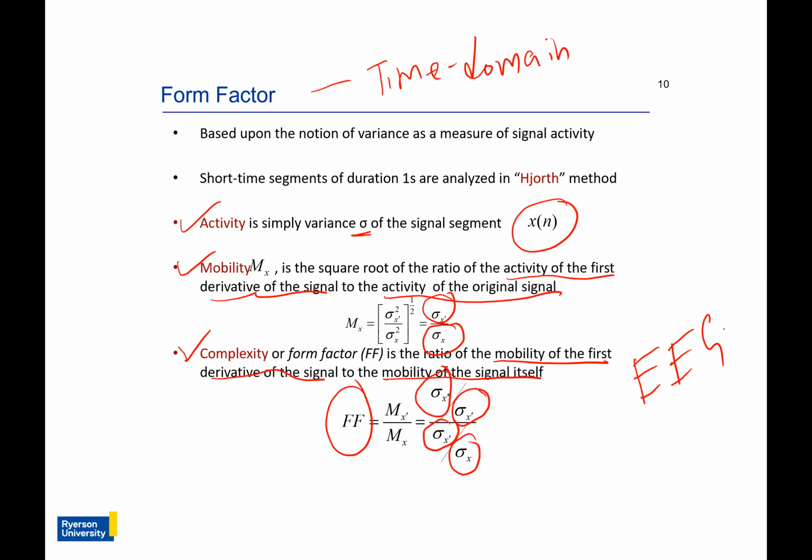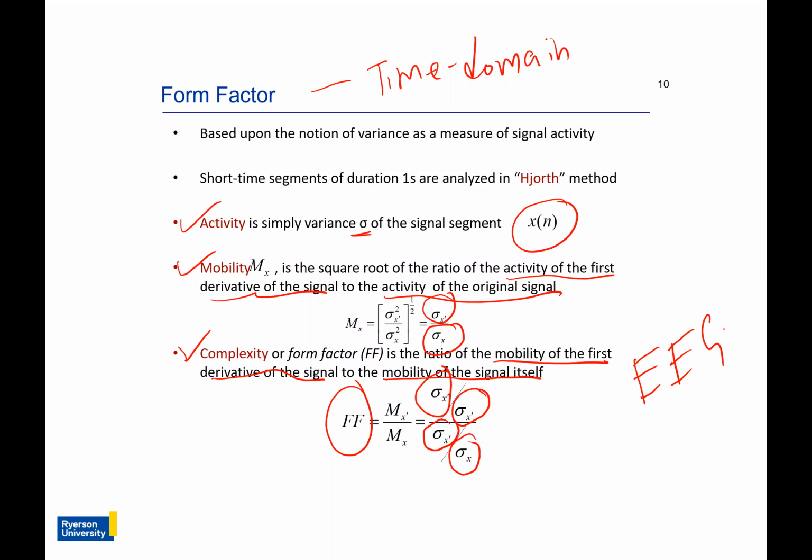It's not as rhythmic, so we cannot use a lot of the autocorrelation functions that we have seen before. Zero crossing rate might be successful to some extent, but what has proven really successful, if you make sure that the EEG signal is not very noisy, is form factor.